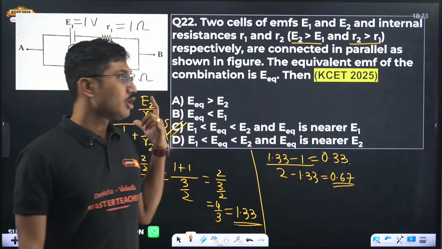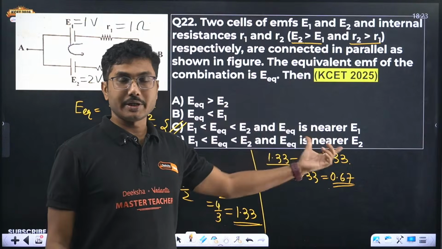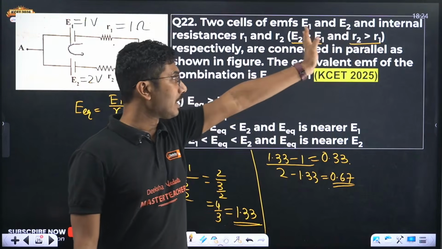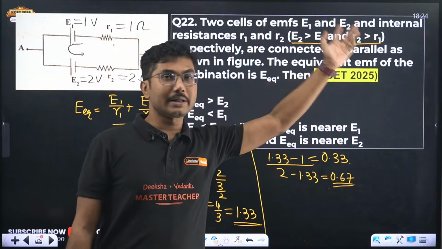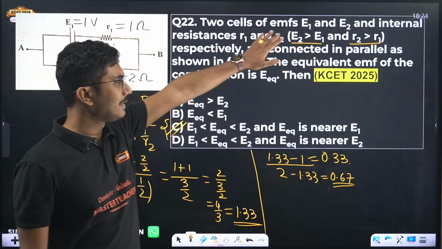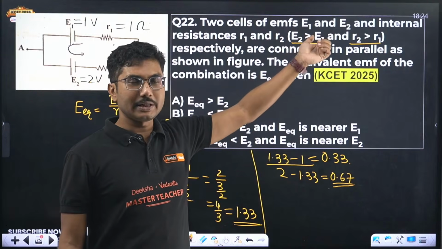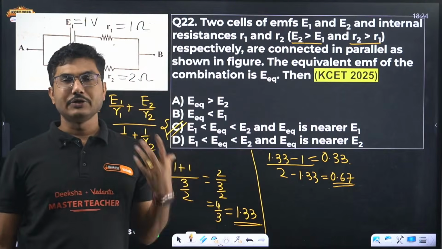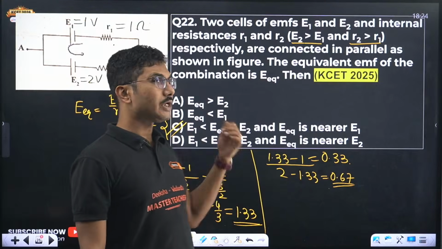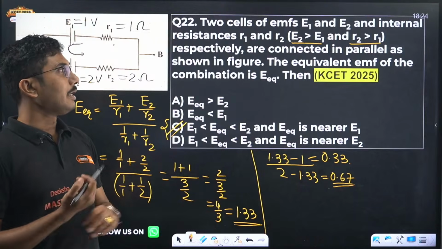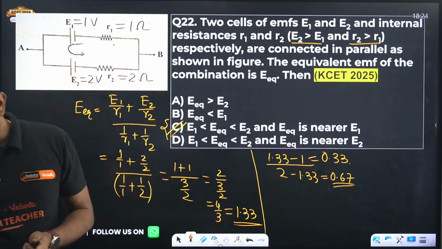This is only the case where both are in this order. If they reverse the order, then it might give you a different result. But here, where E2 is greater than E1 and R2 is greater than R1, you will get that the equivalent EMF is closer to the smaller EMF. This is how you should approach a problem if values are not given.